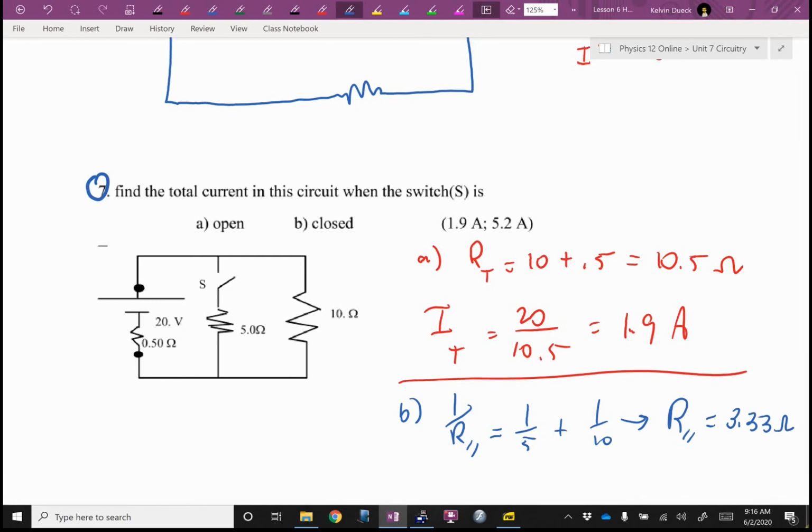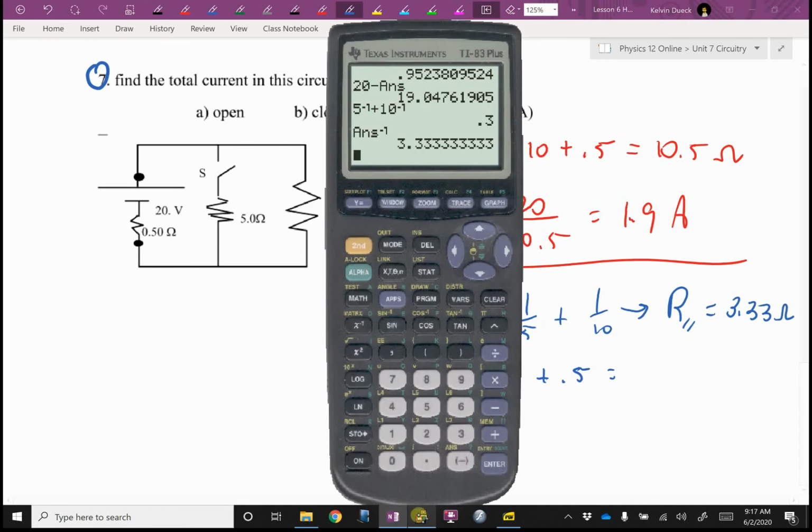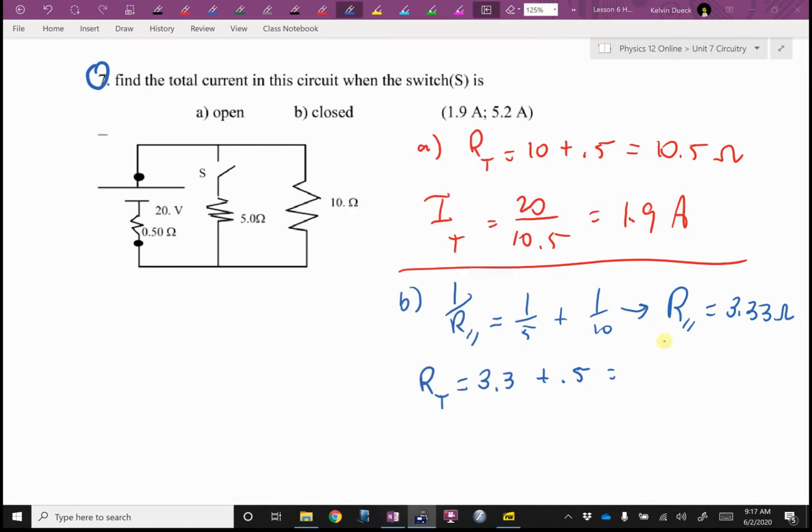And so that means that our total is going to be 3.3 ohms, I don't need to put the units, plus 0.5. And I get 3.83. And so I total is going to be V, 20 over 3.83.